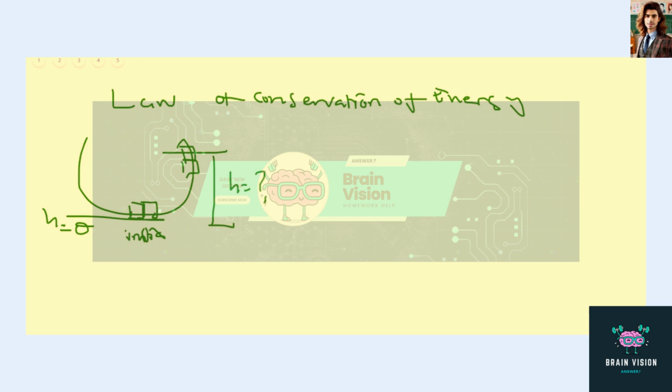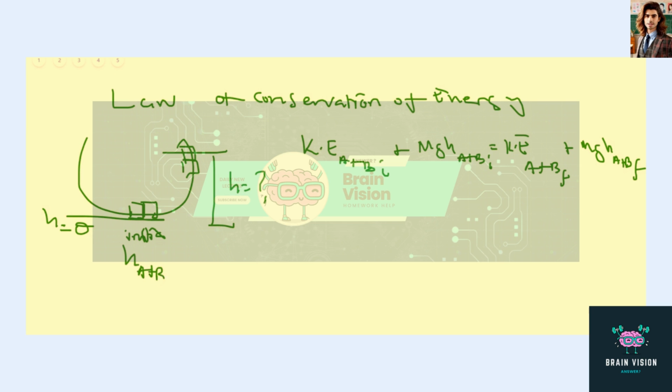So the initial kinetic energy of A and B plus the initial potential energy of A and B equals the final kinetic energy of A and B plus the final potential energy of A and B. At the initial level, the initial height of A and B is 0. This is the final height of A and B. So if the initial height is 0, this is going to be 0.